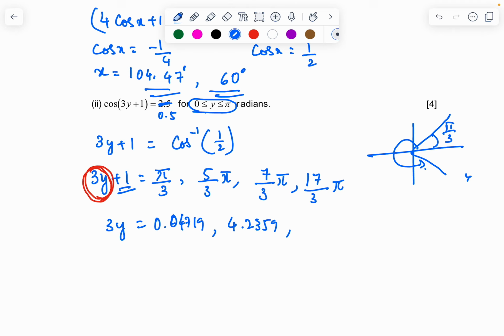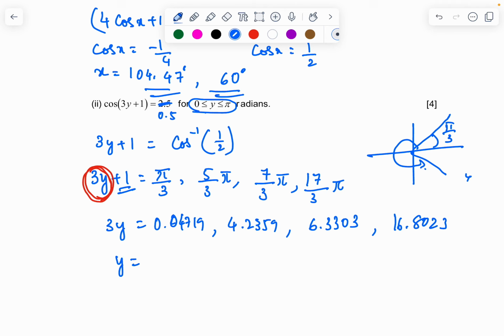Then 7 by 3 pi minus 1 is 6.3303. Then 17 by 3 pi minus 1 is 16.8023. Then everything divided by 3.